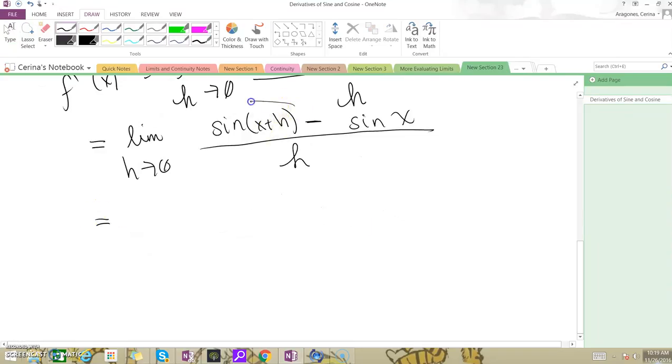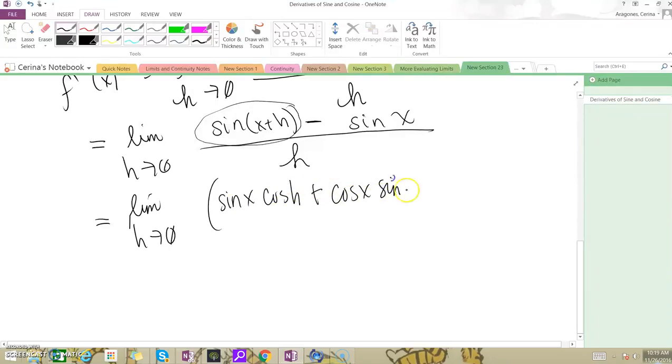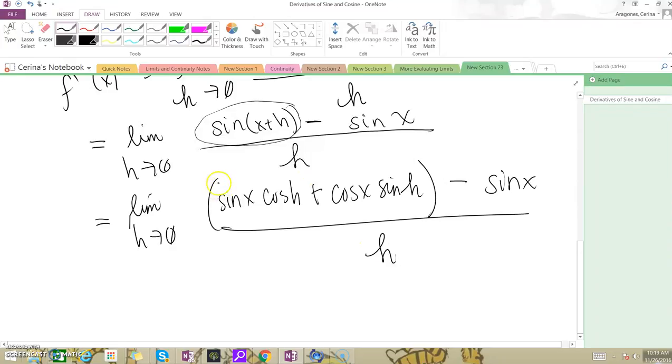So we can use the sum difference identity right here. So limit as h approaches 0 of sine x cosine h plus cosine x sine h minus sine of x over h. Okay, now you notice these two terms right here both have sine of x.